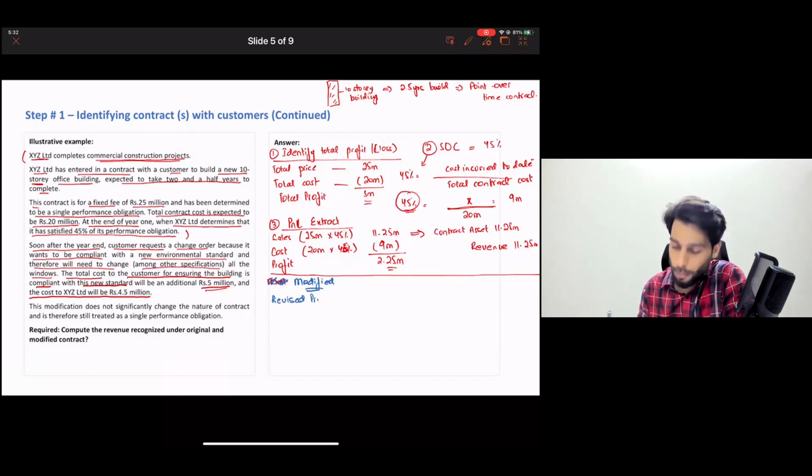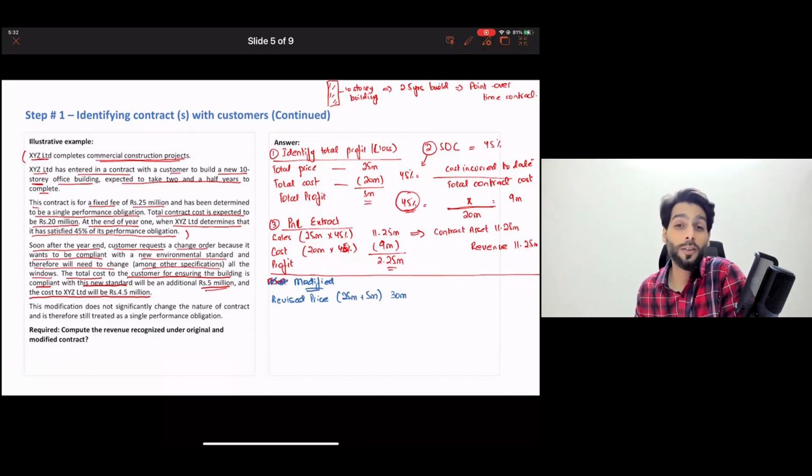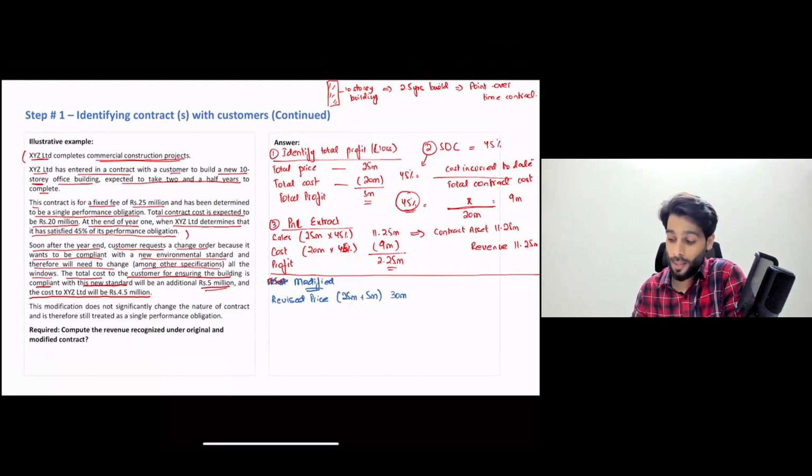It is basically 25 million rupees for the original contract, plus 5 million rupees for the variation. That means 30 million rupees is the new value of the contract.